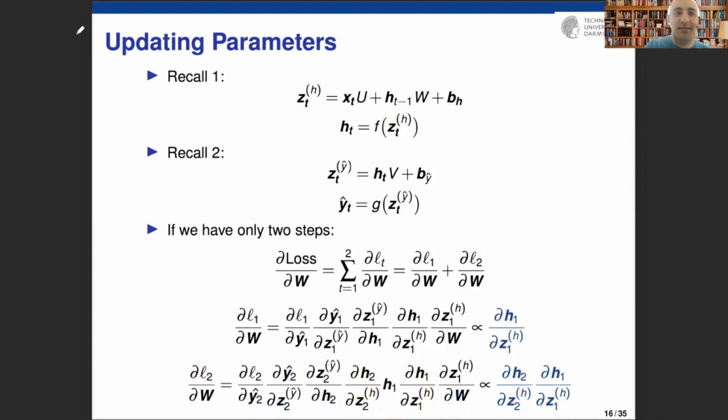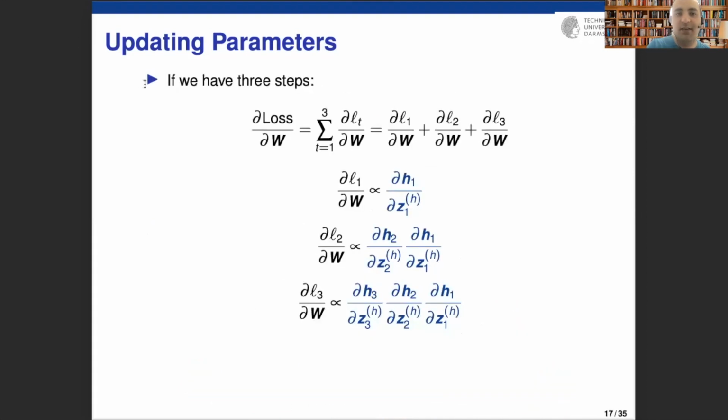For 2 steps, it's clear. Now, what if we have 3 steps? If you have 3 steps, then you calculate the loss for each of these steps. And if you notice, the loss in the first step is a factor of the derivative of the activation function for the hidden state at step 1.